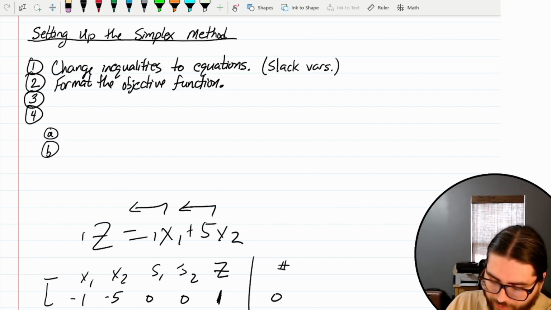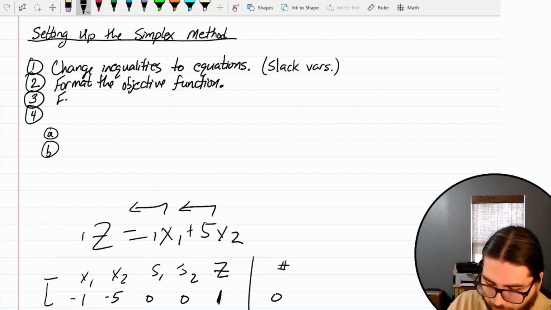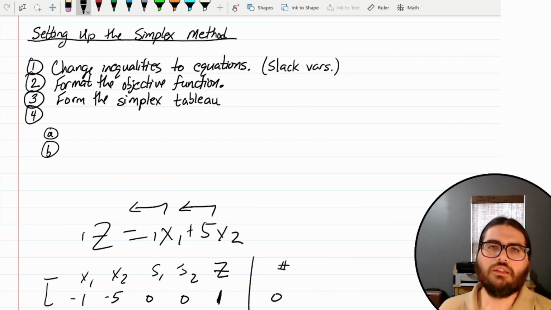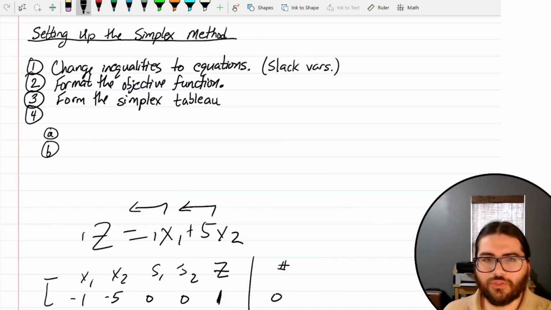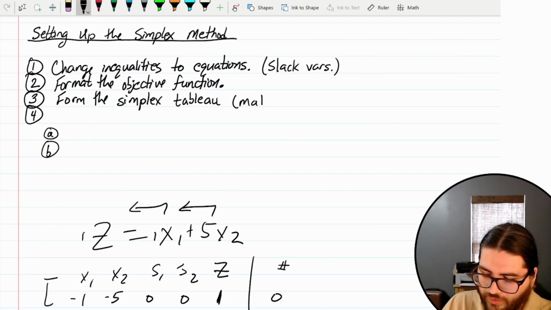And so step 3 is to collect all of that into a simplex matrix. The textbooks will usually call this a simplex tableau. I mean, the French word tableau sounds very fancy, right? We know that that means matrix in this class.